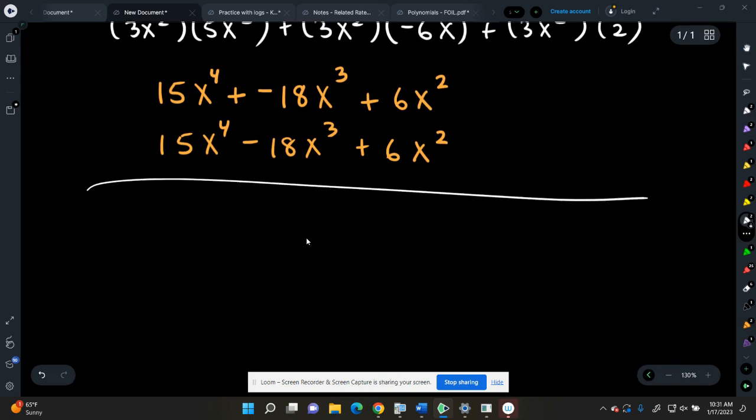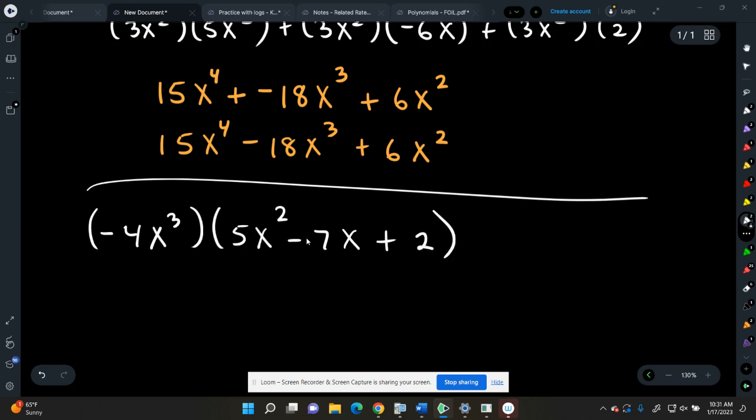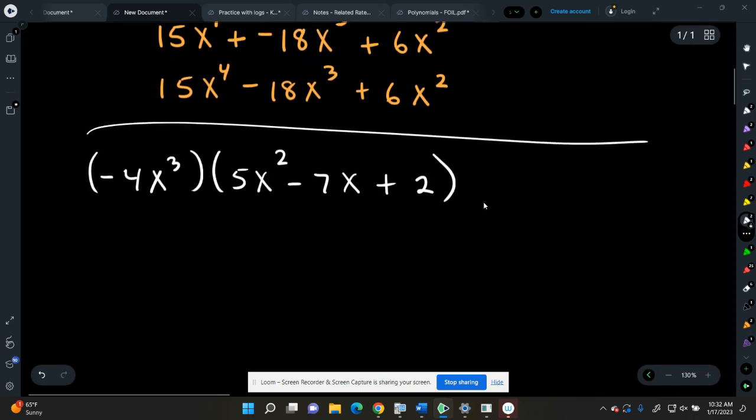Let's do negative 4x to the third times 5x squared minus 7x plus 2. Same thing, we're going to distribute.